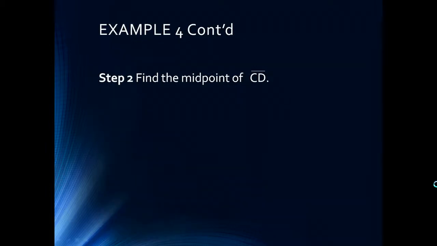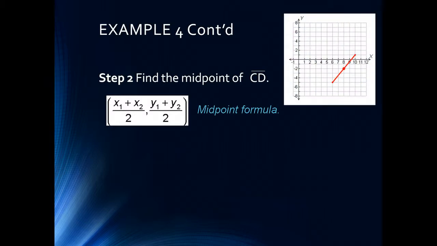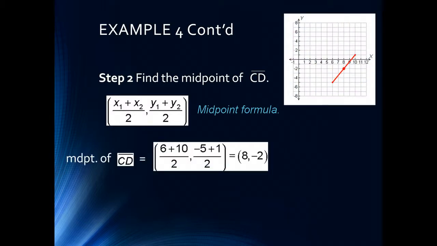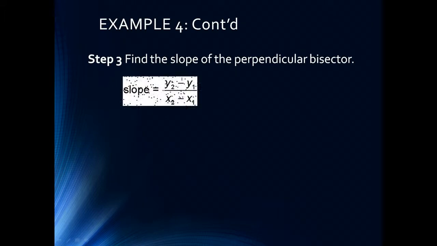So step 2, we need to find the midpoint of CD. We know that this is x1 plus x2 divided by 2, and y1 plus y2 divided by 2. So the midpoint of CD is 6 plus 10 divided by 2, and -5 plus 1 divided by 2, or the point (8, -2), right here. Then we need to find the slope of the perpendicular bisector.